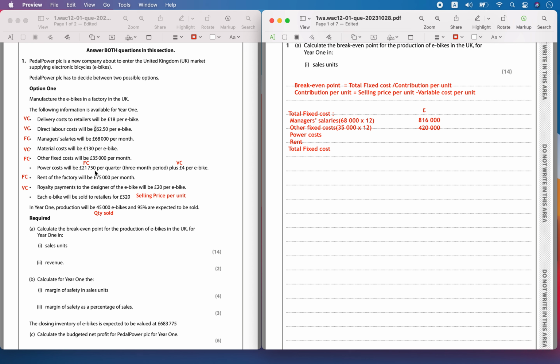Then you have the power cost. We can see that it is 21,750 for a 3-month period.